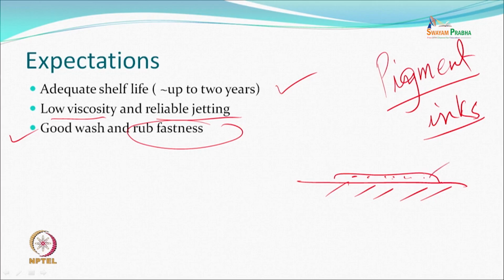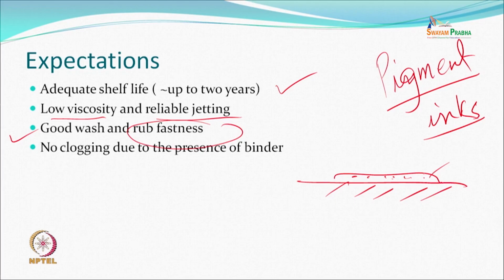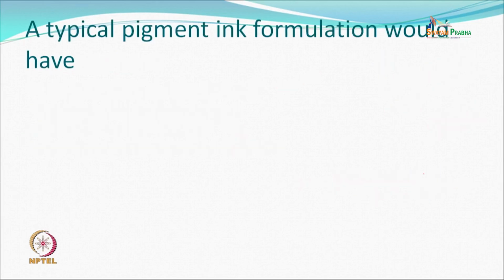If the film breaks, then things can be different. Now, the binder, where is it? Is it inside the ink or outside the ink? Normally, people will prefer the binder to be inside the ink itself. And if this is a film forming substance, then it may result in some clogging here and there, but we expect it should not.